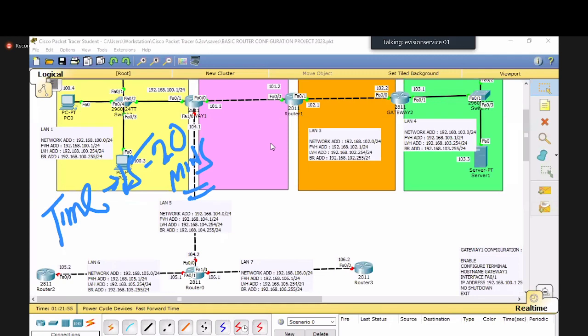Then discuss with your recruiter regarding this. Yes, sir, I was on a train 2 days ago. I am trying. If you have time, sir, then guide me. Yes, you will have to do it. Okay. You just do one thing. Write all the configurations and send it to me in the chat box.